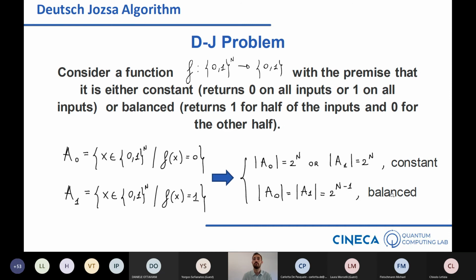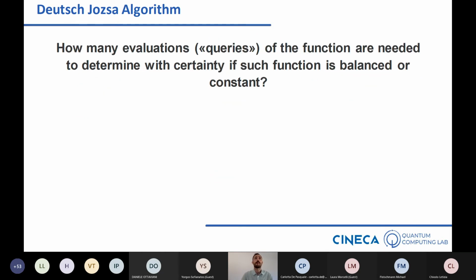Balanced is the other scenario, where they split the full space into two halves, so the size of these two sets is 2^n / 2, which is 2^(n-1).